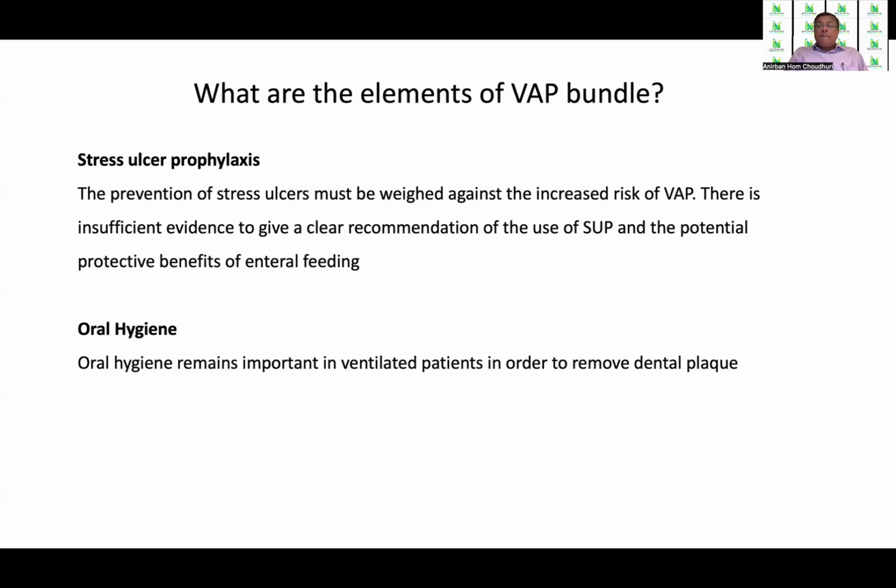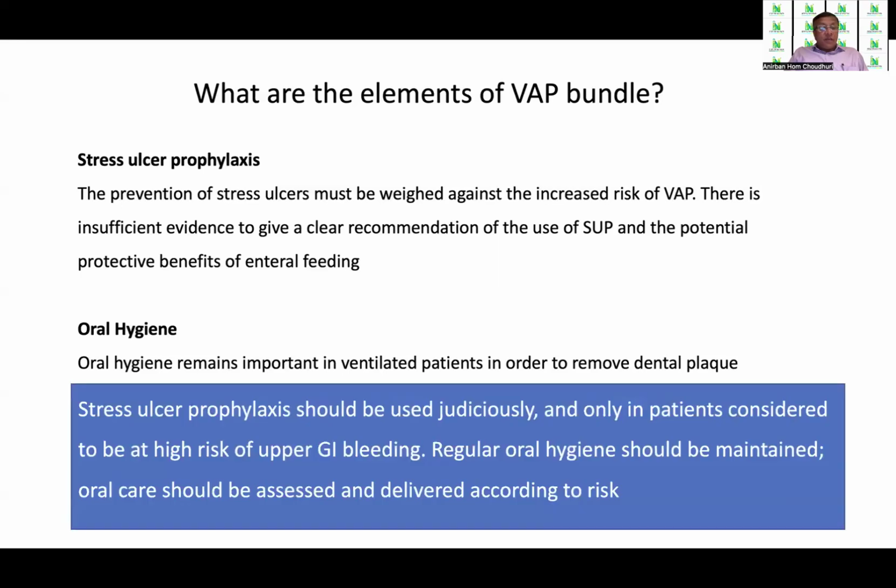And oral hygiene also plays an important role in ventilated patients in order to remove dental plaque. So stress ulcer prophylaxis should be used judiciously, in patients considered to be at high risk of upper GI bleeding, and regular oral hygiene should be maintained.